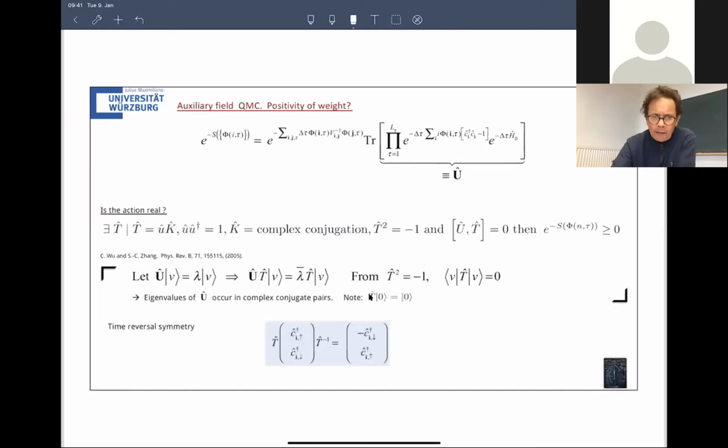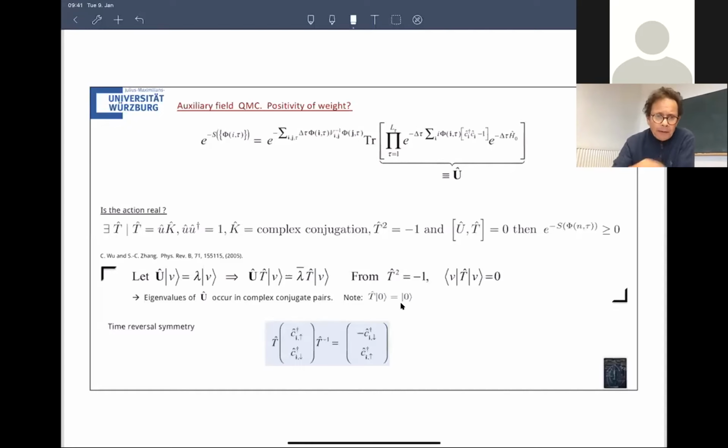One can show this, and we can show this in more detail during another session if one asks the question. What is very important to see is that when you want to do the calculation here, you will have to assume that T on the vacuum stays the vacuum. So you have to have some type of particle number or U(1) type symmetry to enforce this, right? That is something you will need if you want to prove this up to the last epsilon.